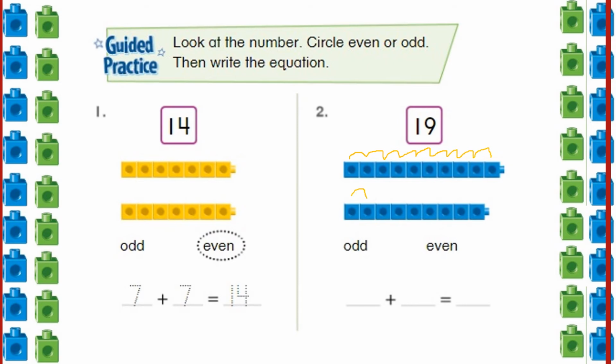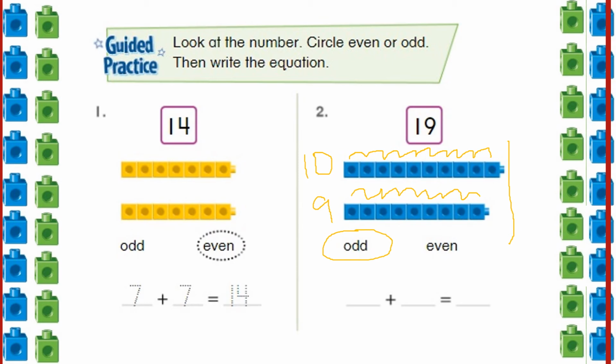And then 1, 2, 3, 4, 5, 6, 7, 8, 9 there. So a 10 and then a 9. And that doesn't look like it's the same length, is it? They look like they're different. So, are we going to call that an odd or an even number? We're going to call it odd.